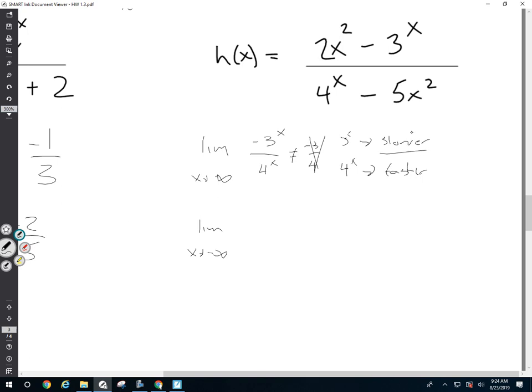Slow over fast, we talked about 1, 2, 3, 4, 10, 100, 1,000, 10,000. Those values are going to be approaching 0. So in the positive direction, I'm actually approaching 0, not negative 3/4.